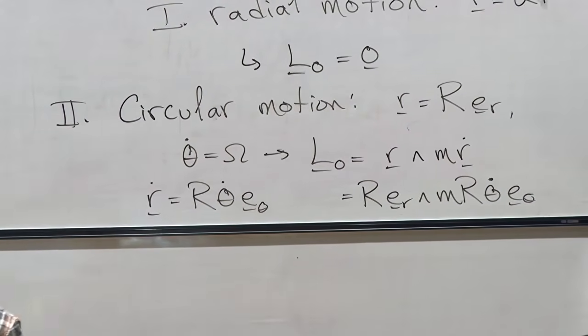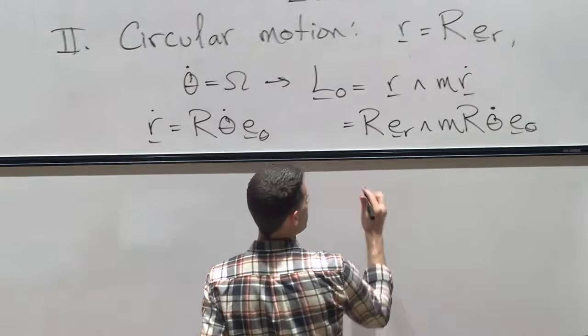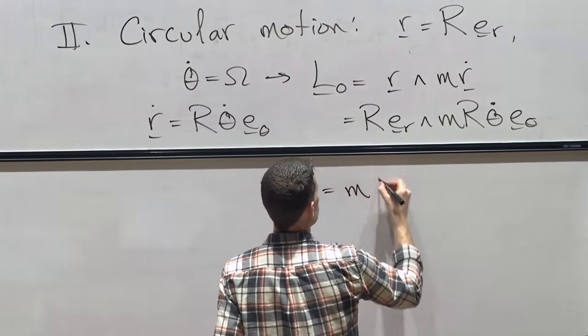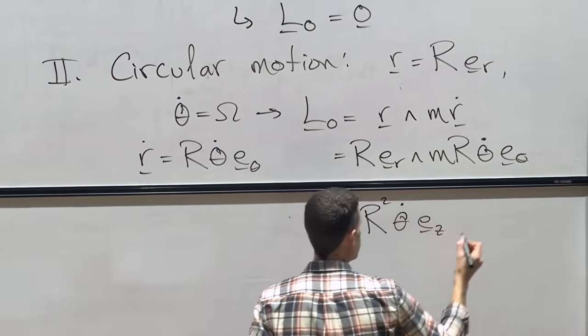We didn't do it over on the left, but I was using e_r and e_theta for 2D, but I can extend that to cylindrical coordinates by adding an e_z, and it's easy enough to check that e_r cross e_theta is e_z. So here my cross product is between e_r and e_theta, which means my angular momentum L0 is m r squared theta dot e_z.